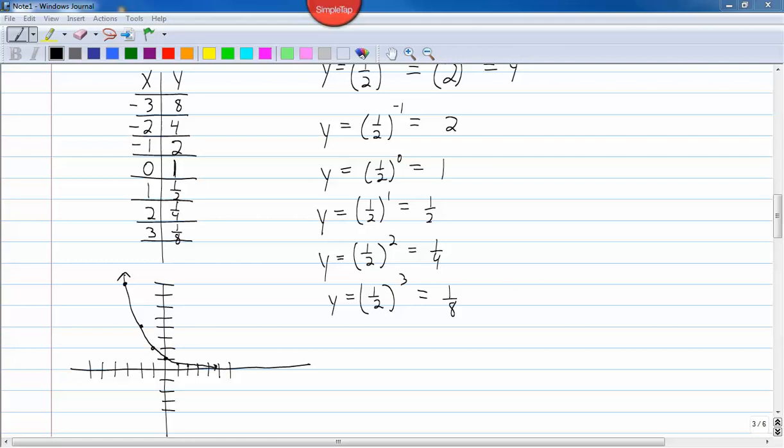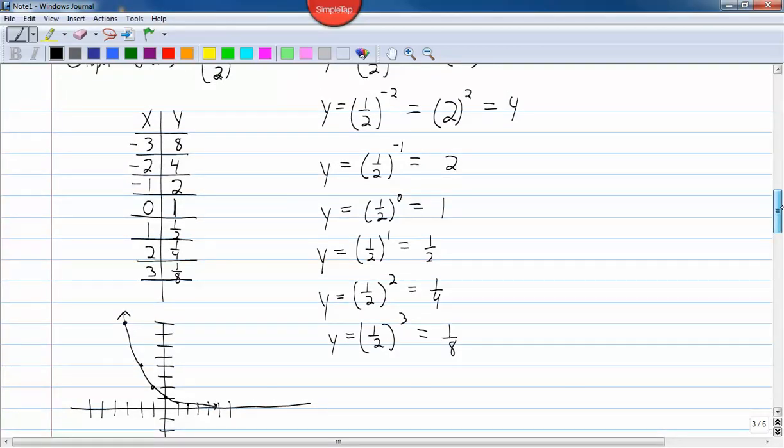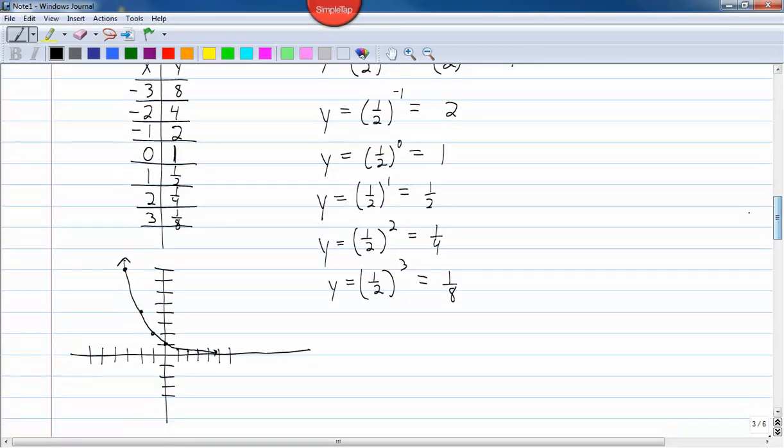Alright, so we can actually use a graph like this. This graph here is y equals 1/2 to the x power. We could use this graph here to graph something like this: y equals 1/2 to the x plus 1 power.